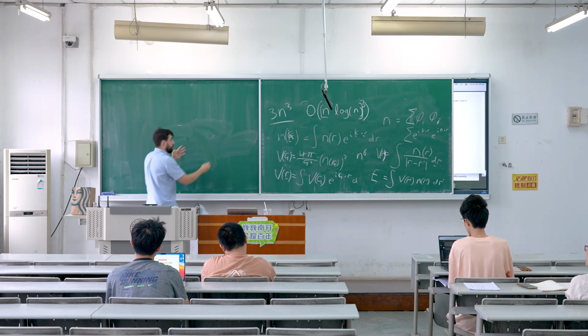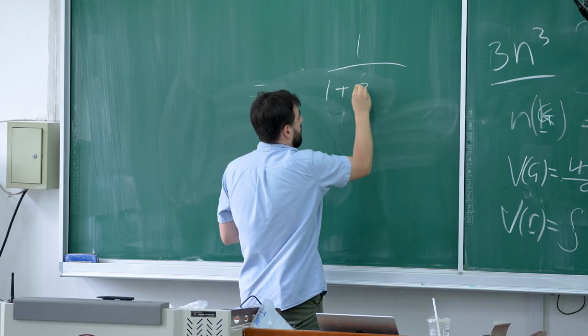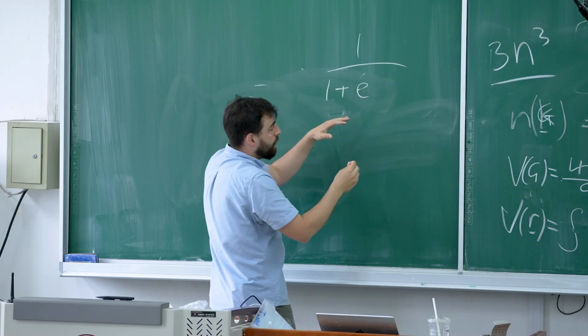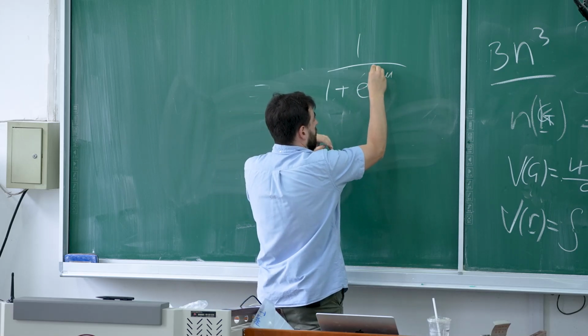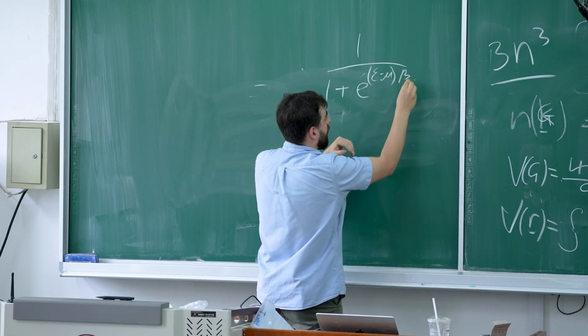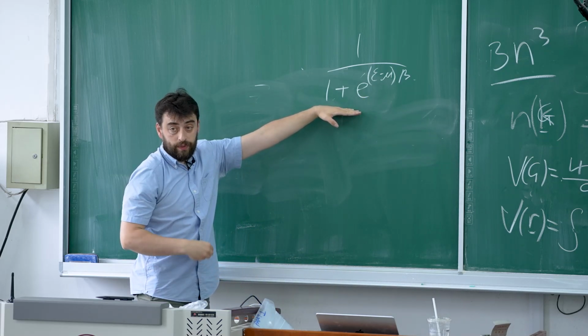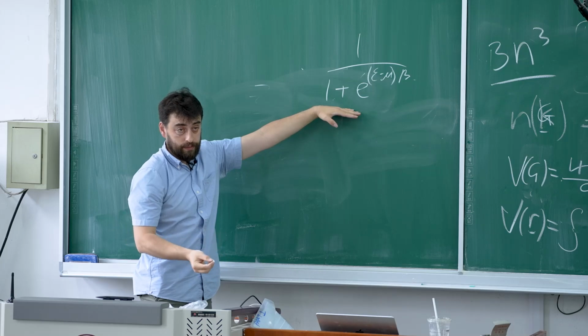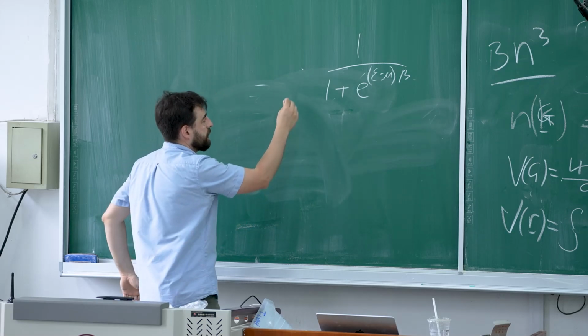We know from physics of fermions, so what we're dealing with here is a Fermi-Dirac distribution, because we've got fermions. They're distributed as fermionic particles, right? They have a Fermi-Dirac distribution.